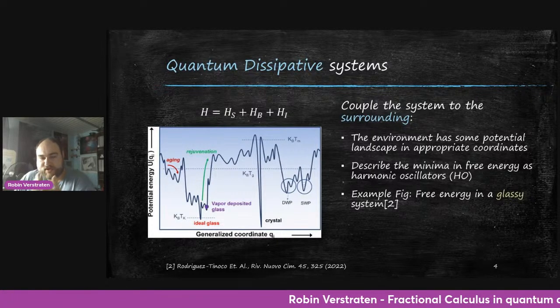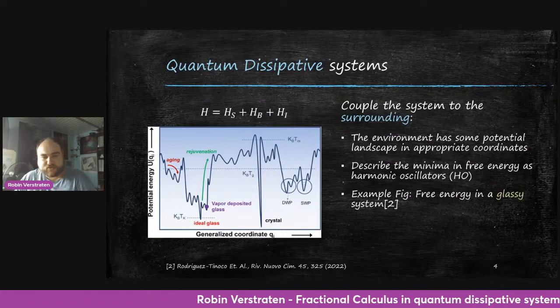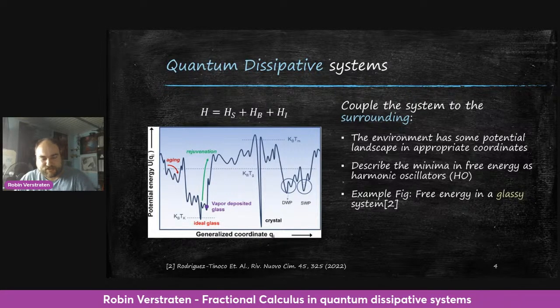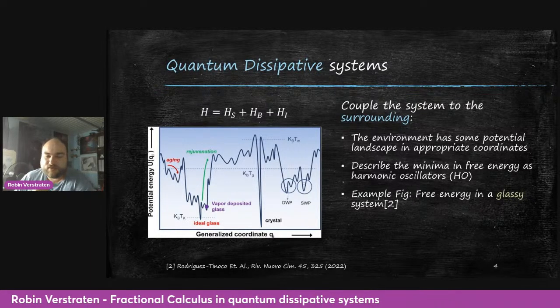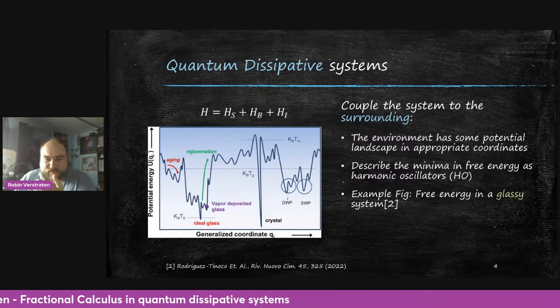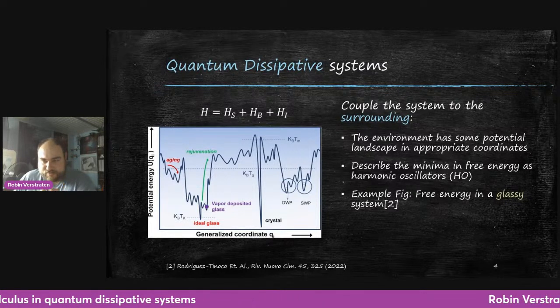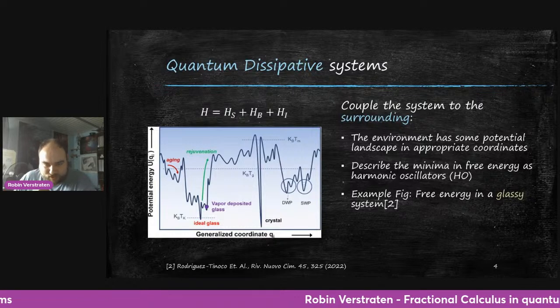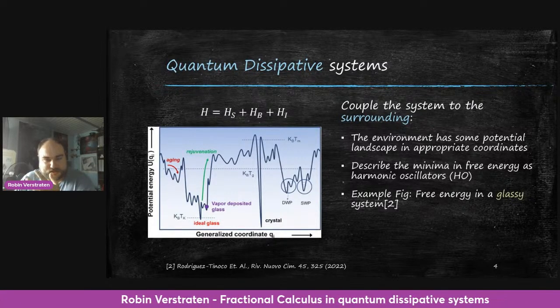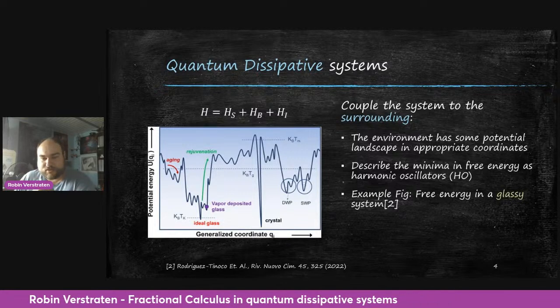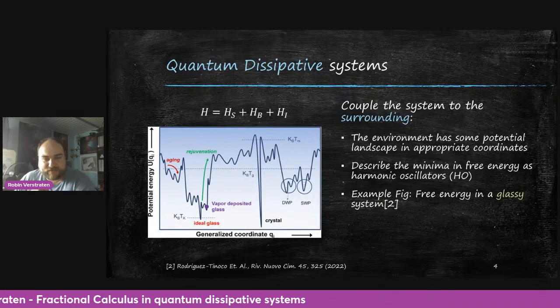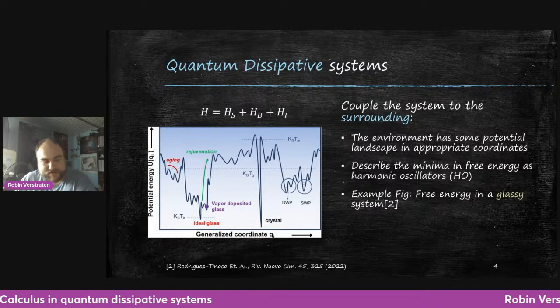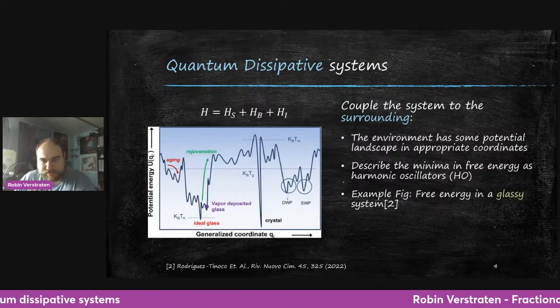And therefore, we can essentially describe all the different minima as separate quantities. And this is how we will get to basically the simplified picture of Caldeira-Leggett, where each of these minima we will describe as a harmonic oscillator. This is x squared. So this will describe the minima very well, unless you have a lot of energy, but we will look at the low energy case.